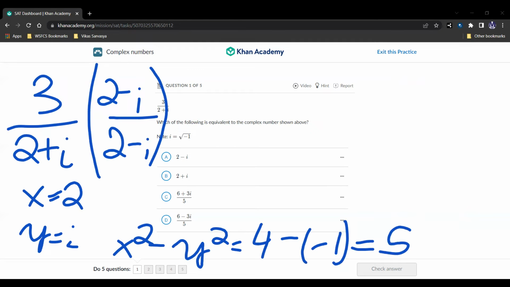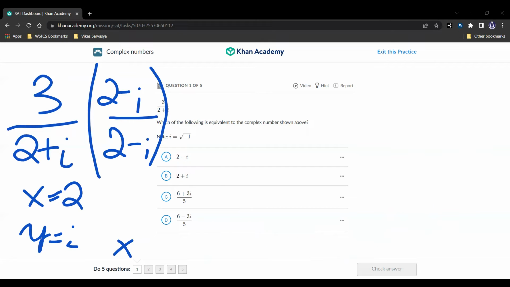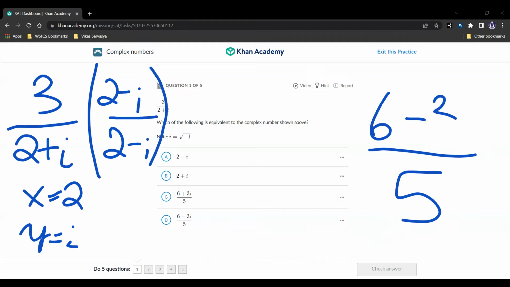I was getting a bit ahead of myself. But that's going to equal 5. So the denominator is just going to be 5. The numerator, 3 times 2 minus i, is going to be 6 minus 3i. And that's our answer, which is answer choice D.